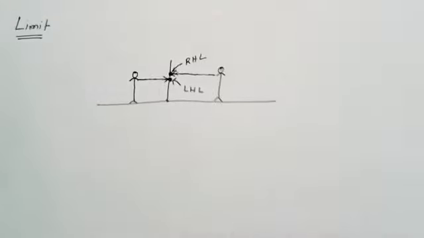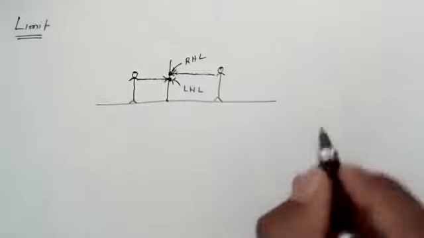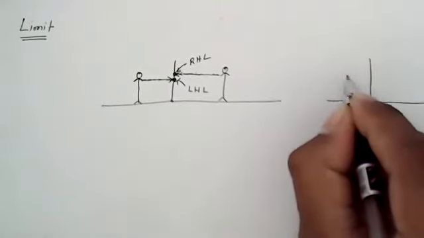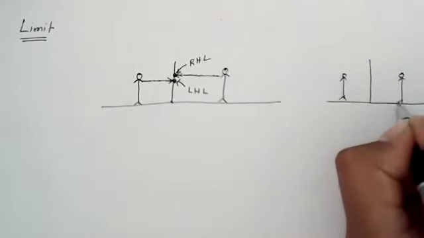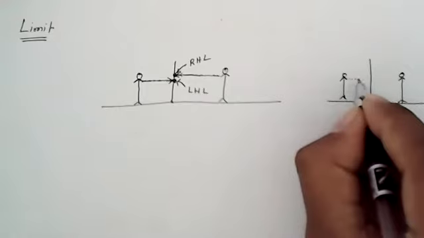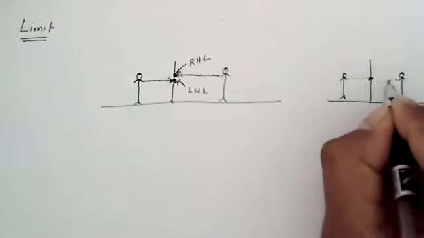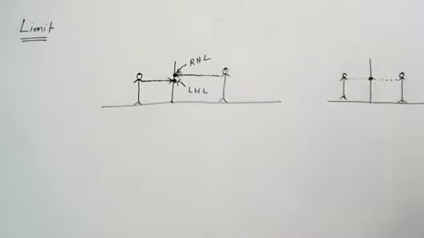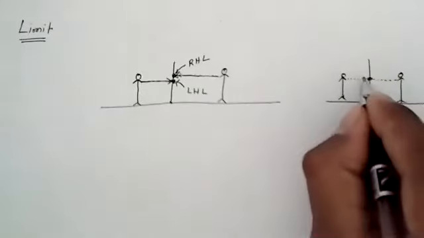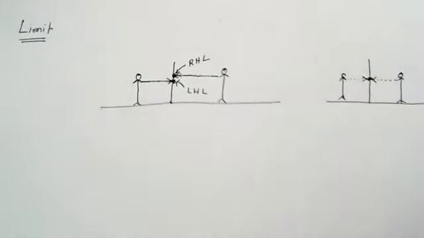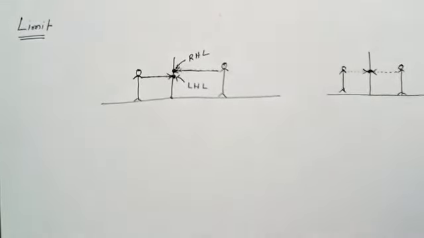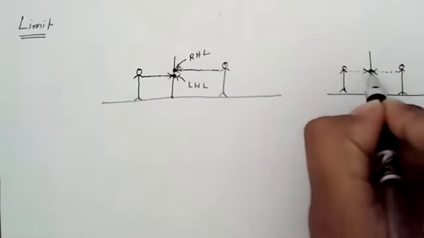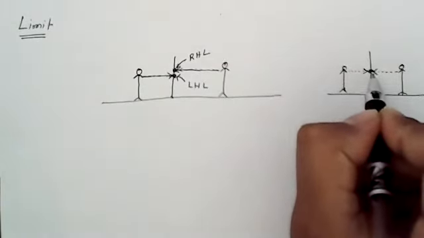In some cases, the condition is different. Again, let me draw this situation. I have two students on both sides of the wall, and if both students touch at the same point when I give the command, go and approach the wall, go and touch this wall at some point, then what is actually happening?